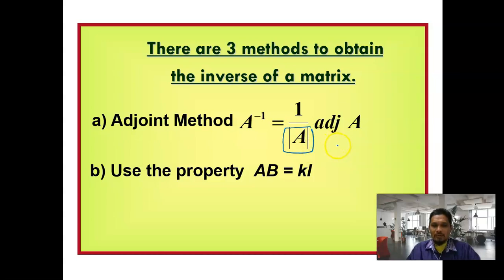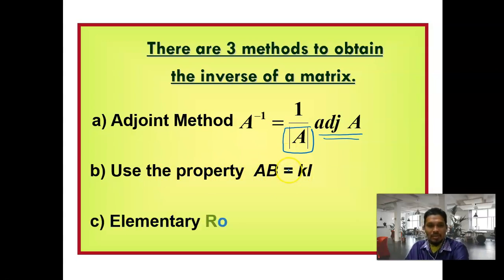Recall the summation of the element multiplied with the cofactor of that element, and multiplied with the adjoint of A. Adjoint, the thing that we have discussed just now. Okay. Use the property of AB equal to KI for this one. Okay, we're gonna look into the example later. And then next, elementary row operation.